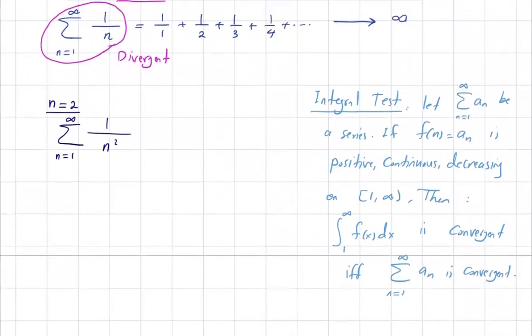You need to check each one of these conditions. Is the function f of x equals 1 over x squared a positive function? If you visualize this function, the graph of this function behaves like this. It has a vertical asymptote when x is equal to 0, but for the rest, the graph behaves like this.